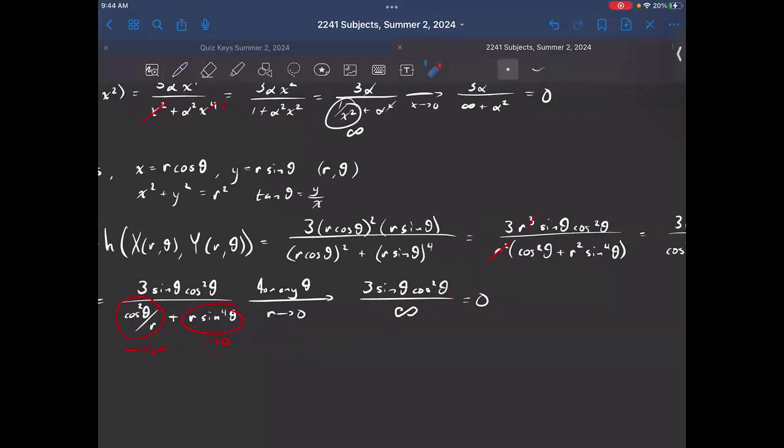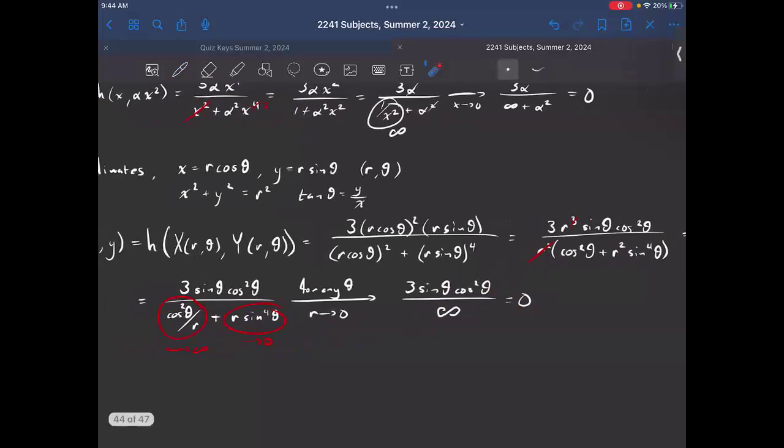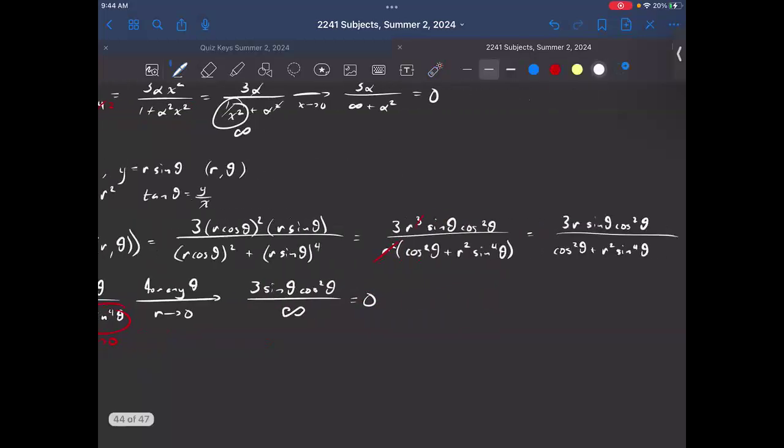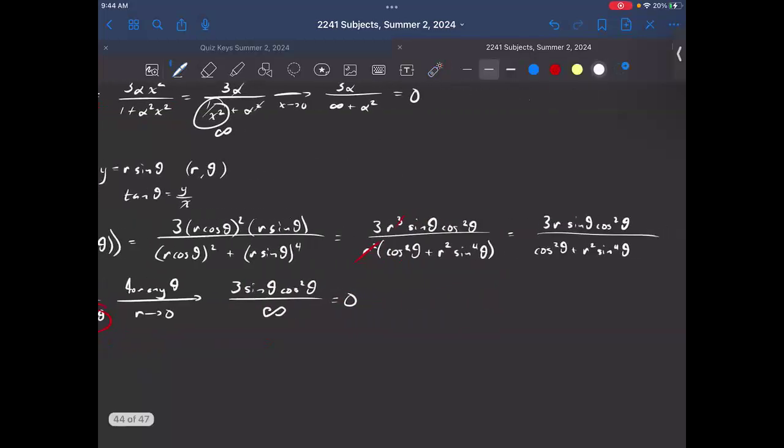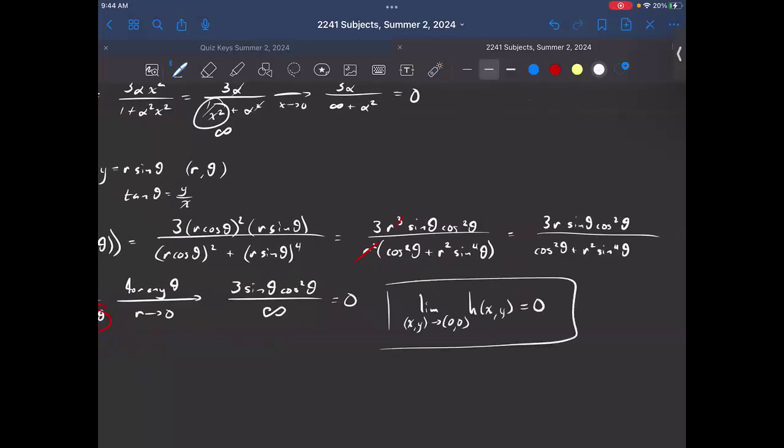So we have shown that if you come in along any path, then the limit ends up being 0. So the limit as x, y approaches 0, 0 of h of x, y exists and is equal to 0.